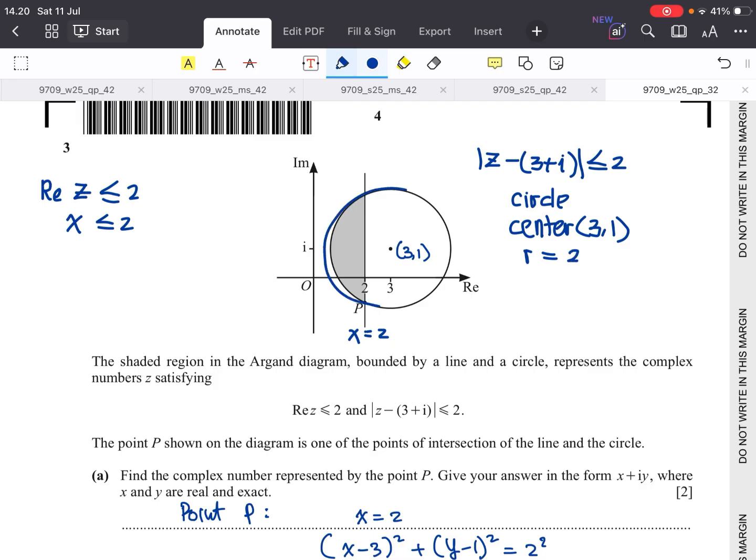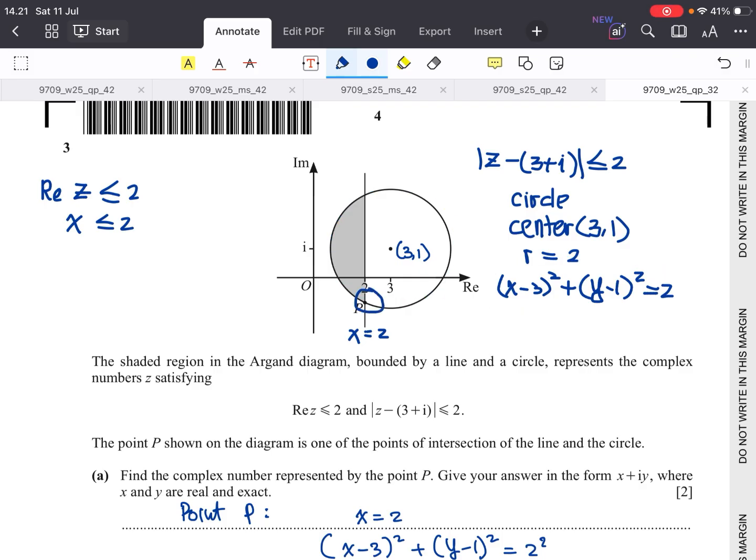So the equation of this circle will be x minus 3 squared plus y minus 1 squared is equal to 2 squared. So this equation is the equation of this circle.